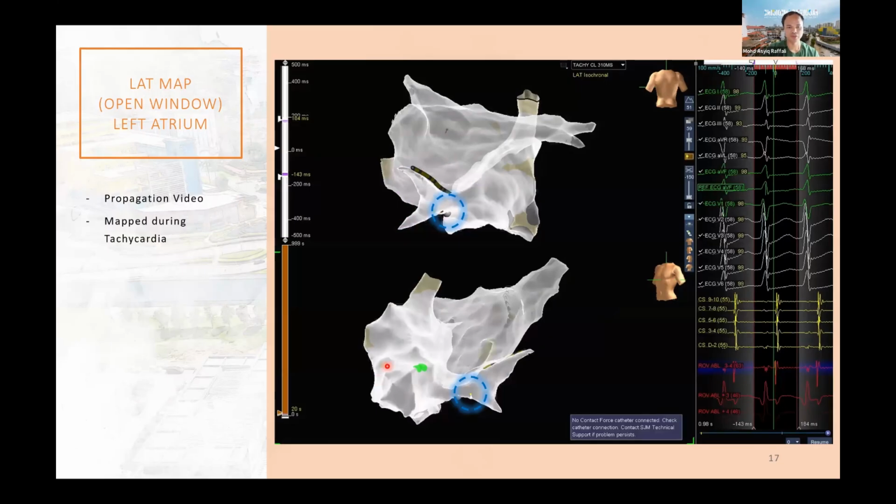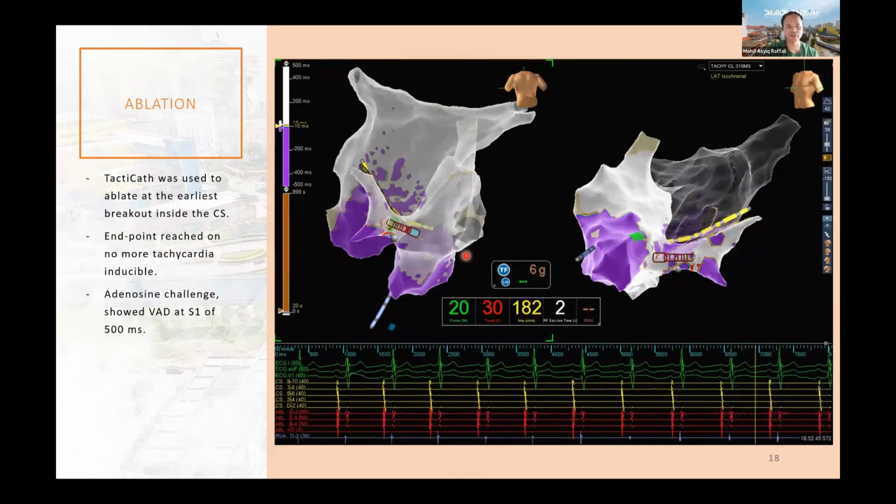So this is a propagation video. It comes near the MCV ostium at this point, but there's no fused signal. So we ablated near the area using an ablation catheter. After the ablation, tachycardia was not inducible, and then we did an adenosine challenge, which showed VA dissociation at S1 of 500 milliseconds.